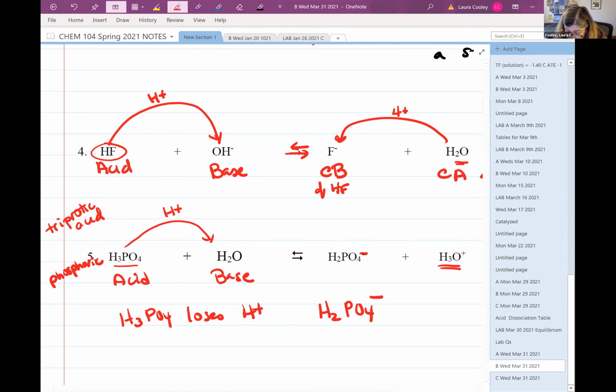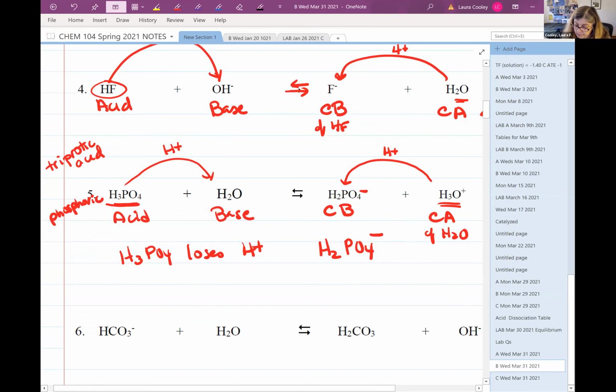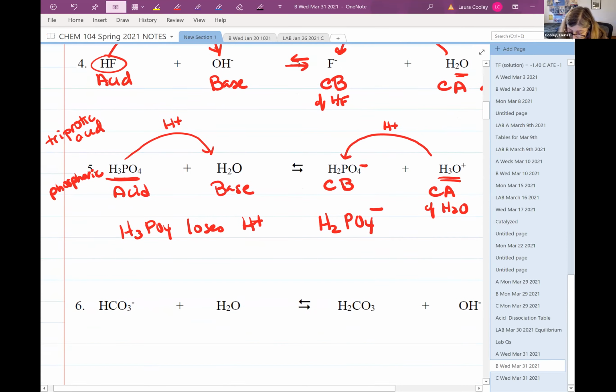All right, in reverse, the proton is going to go this way because that's how you'll get H3PO4 back. So this will be the proton acceptor. So this is acting as a base. It is a conjugate base of H3PO4. Hydronium is the conjugate acid of water. They differ by a proton.